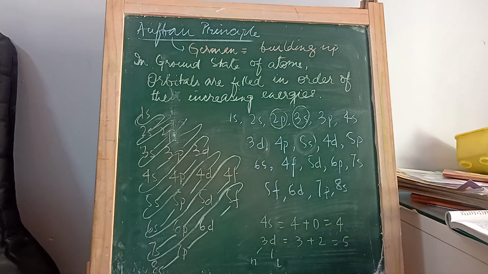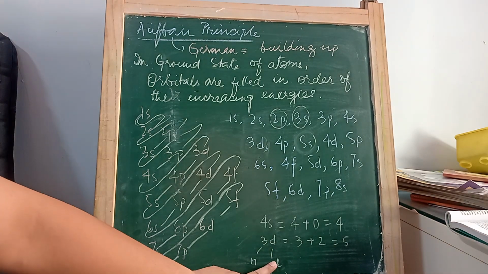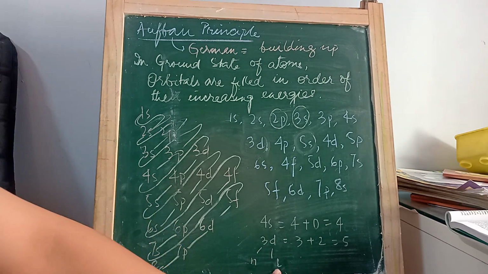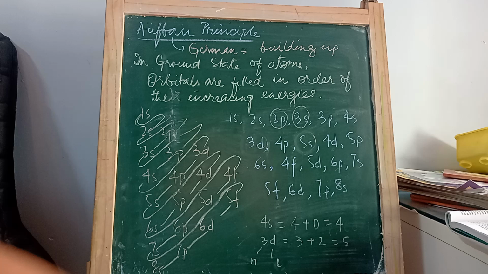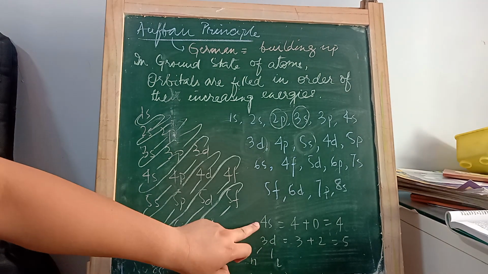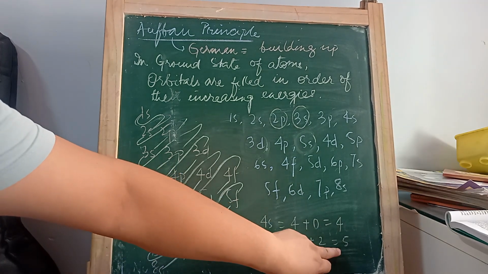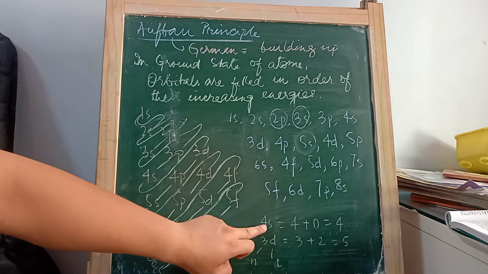What about 3d? The principal quantum number n is 3, and the azimuthal quantum number l for d is 2. So 3 plus 2 is 5. The sum of n and l for these two orbitals is 4 and 5. 4 is less, 5 is more. So 4s has less energy.